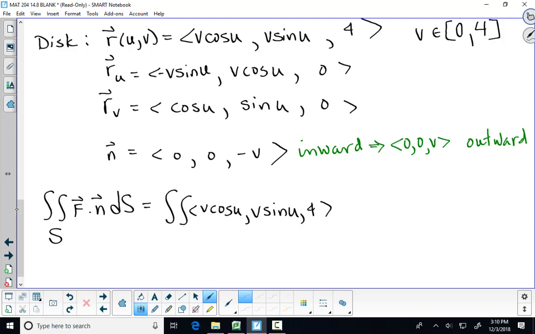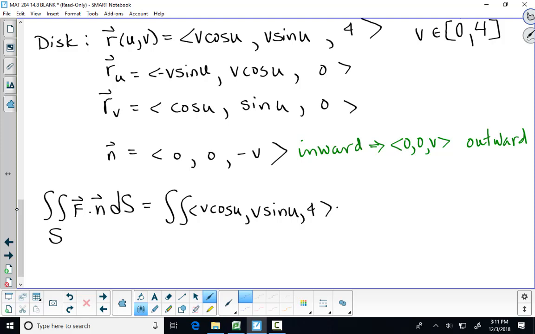Yep. Like the last cube problem we were dealing with a couple of problems ago, if you were to find the normal by doing the XYZ coefficients, we had a couple of them that you had to switch because it was pointing in instead of out of the cube. So you always have to check that the normal you get mathematically is pointing in the direction that orients the surface properly.